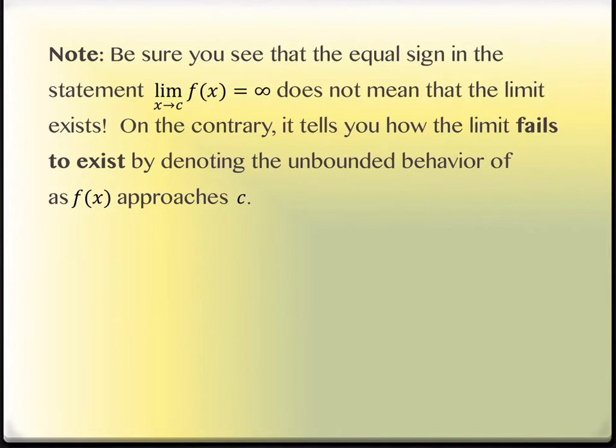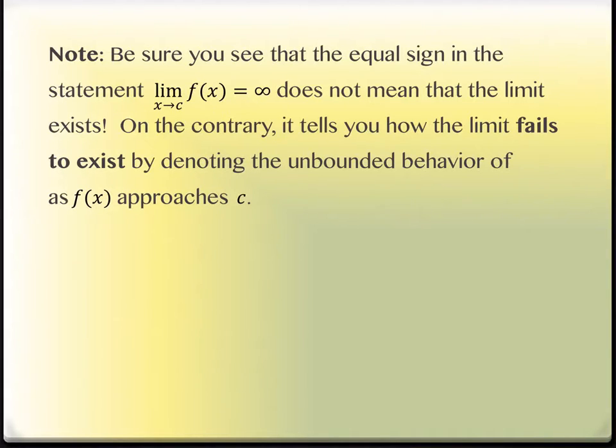That's a very different image than this. So by allowing us to say that the limit equals infinity, that really just tells us how it's failing. Because if we put does not exist on everything, it wouldn't give us as much information. So this gives us more information about how it fails.